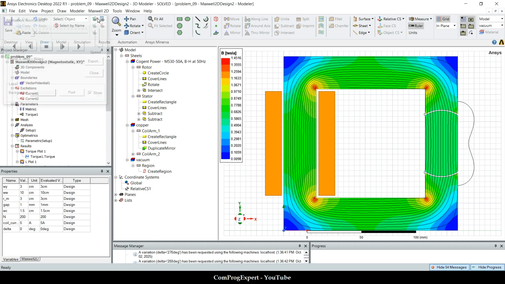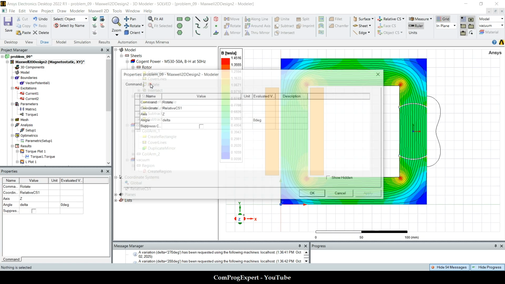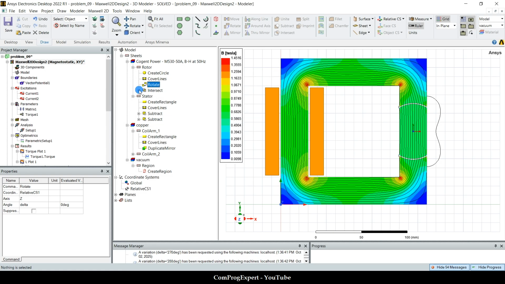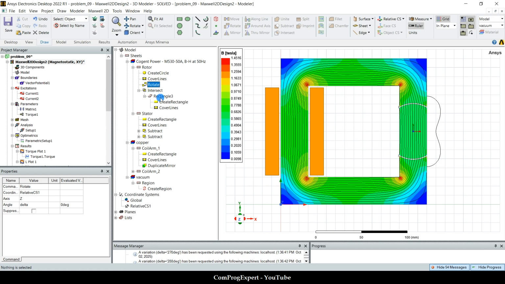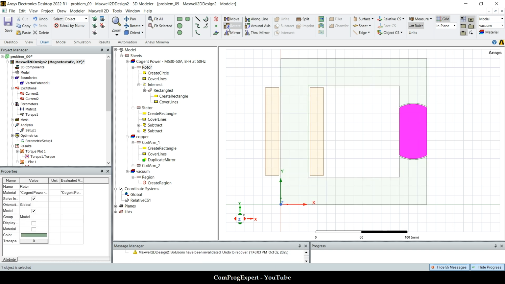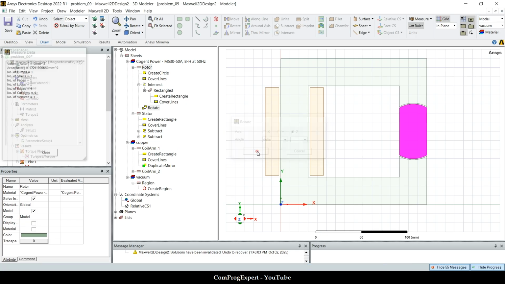Okay, what is the reason? Let me check. The rotor, the angle is delta. We should have rotation. So what is the problem? Because I did intersection after the rotation, this is the problem. So let's delete the rotation and select this object, rotate it again. The angle is delta.